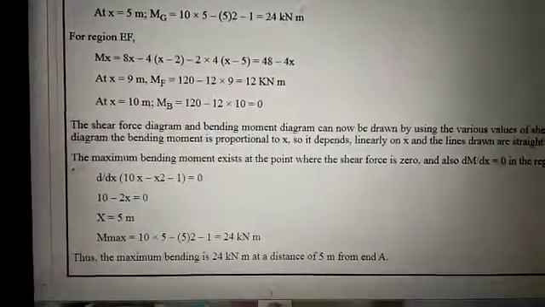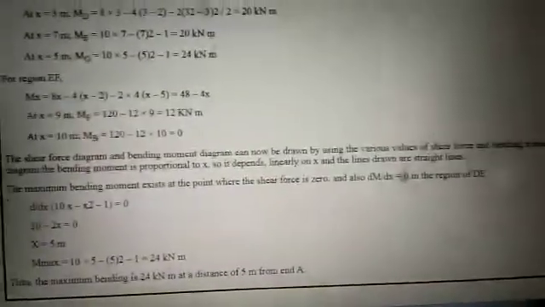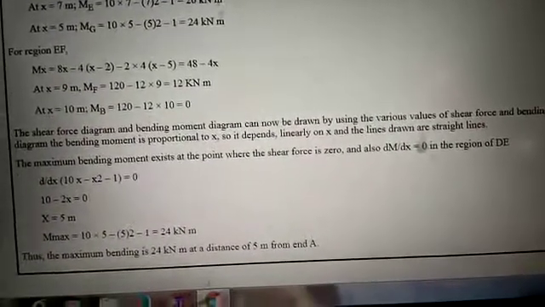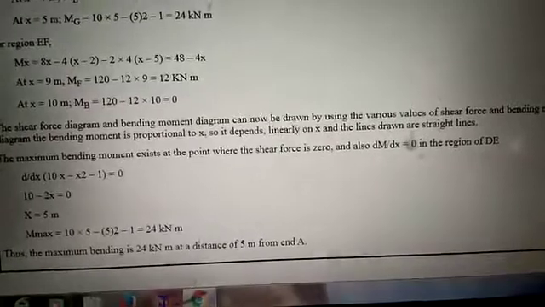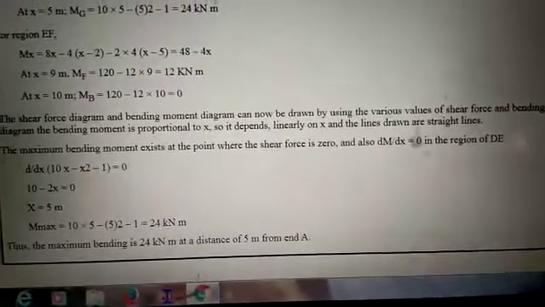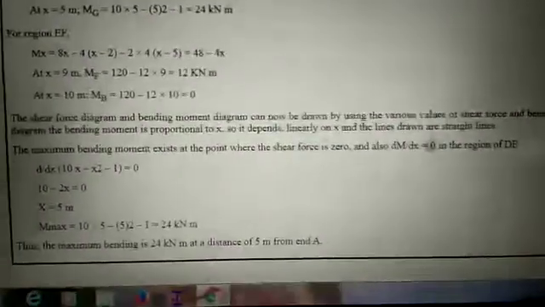In order to calculate the maximum bending moment, what we will do is this: maximum moment exists at the point where the shear force is 0. So in order to find out the shear force, we will differentiate this equation.